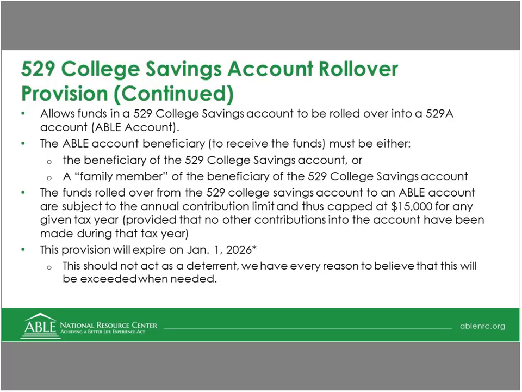Additionally, the funds rolled over from a 529 college savings account to an ABLE account are still subject to the annual contribution limit and thus capped at $15,000 for any given tax year, provided that there have been no other contributions into that account during that year. So let's say that you have $30,000 in a 529 college savings account, and you find that those dollars would be better suited for the same beneficiary in their ABLE account.